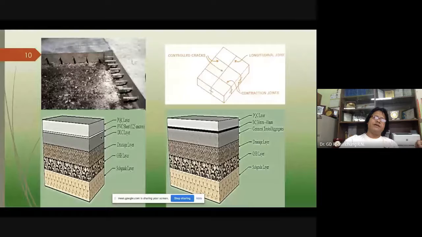This PVC layer is sandwiched between the DLC and PQC, so as to break the bond between the PQC slab and the DLC. So in that way, we are likely to have different layers like GSB, DLC and then PQC. Now our talk would be based on the layers and materials required for constructing these different layers.